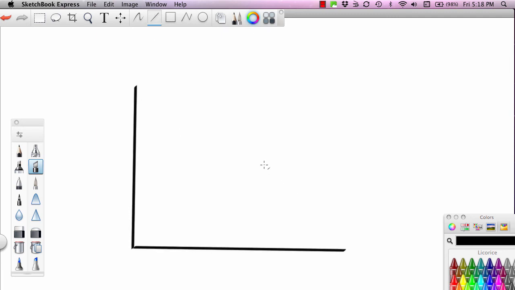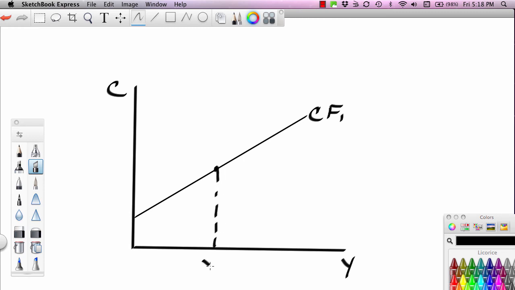It's always good to draw the pictures with the teacher, because if you draw the pictures, you'll remember the pictures better. So this is C, this is Y, this is going to be called CF1. I'm going to choose a point on this consumption function, read down Y1, and read the corresponding point. This is point 1, C1.